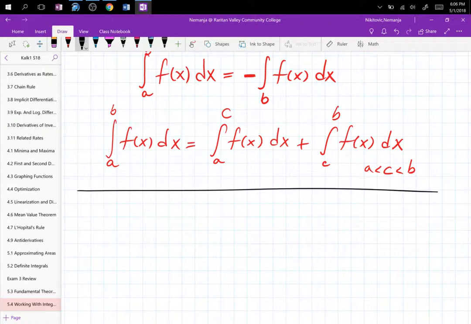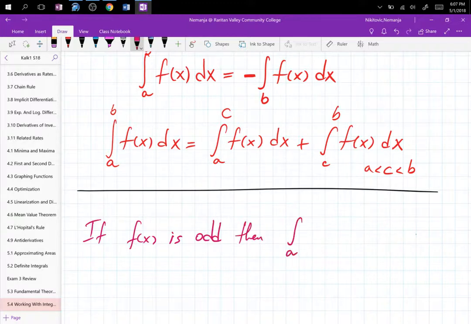So here are the formulas. If f of x is an odd function, then the integral from negative a to a of f of x dx is equal to 0. There's nothing to compute.